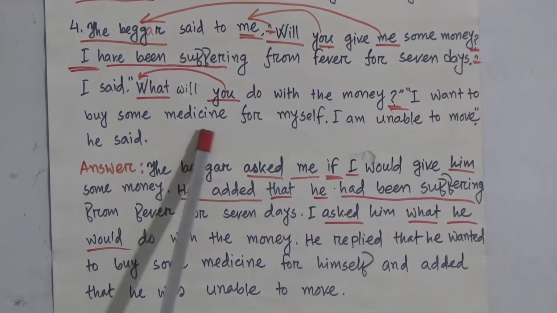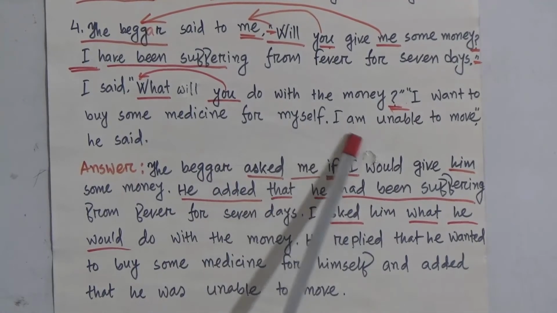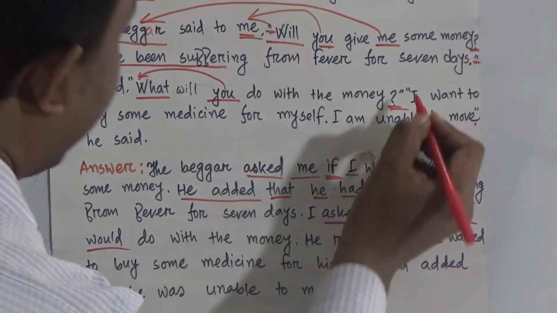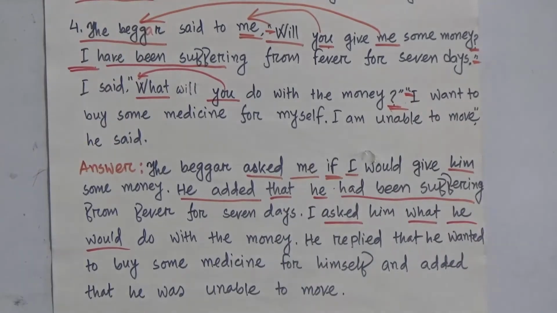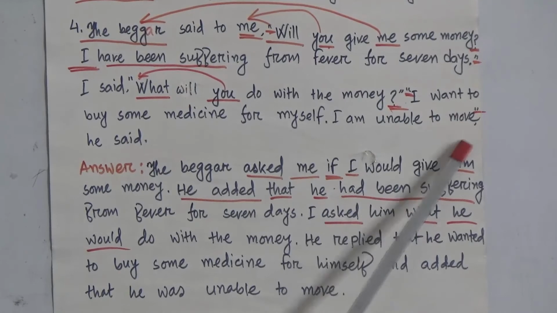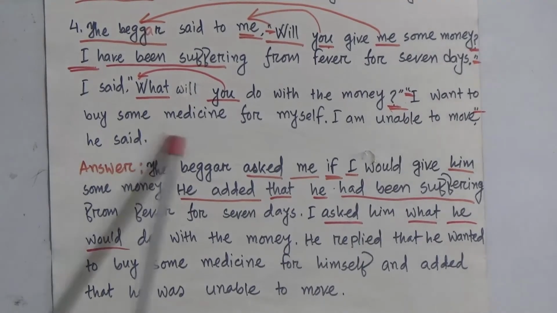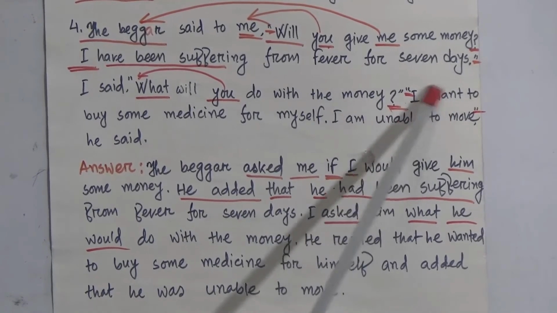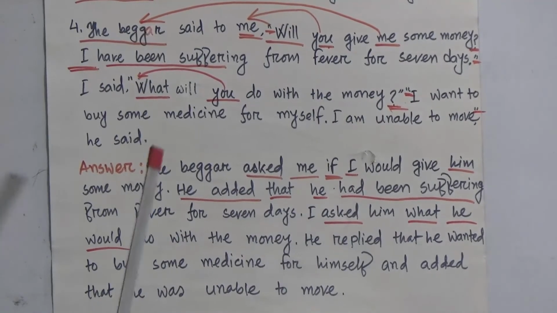I want to buy some medicine for myself. I am unable to move. Again you may see that this inverted comma starts from here up to here. That means this is uttered by the same person, the beggar.